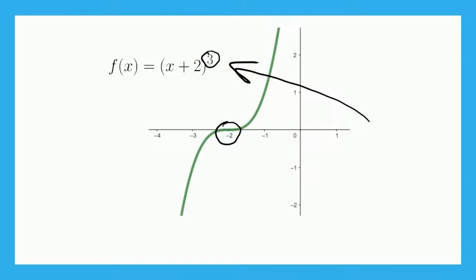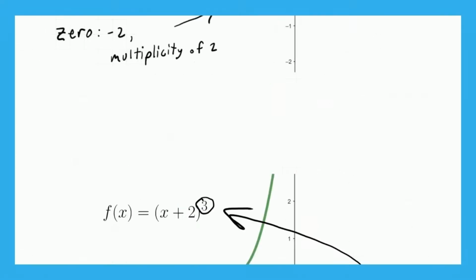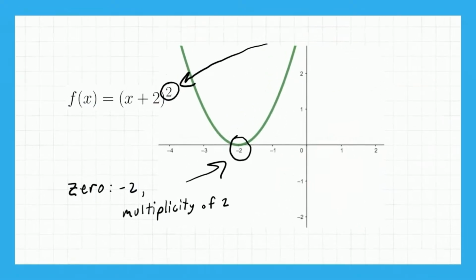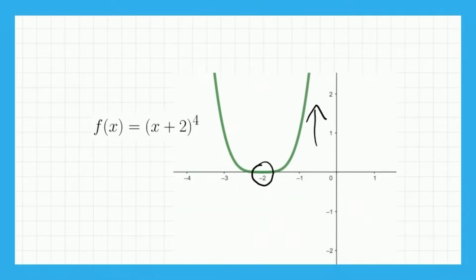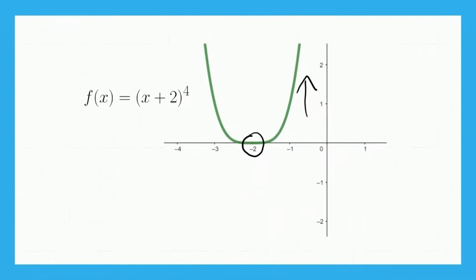But if we have an exponent that is even, such as 2, like in this example, or an exponent like 4, there's another even example, our graph does not cross the x-axis. So an odd exponent means that the graph will cross the x-axis, and an even exponent means that it will not cross the x-axis. That is, the exponents on a factor of the polynomial.